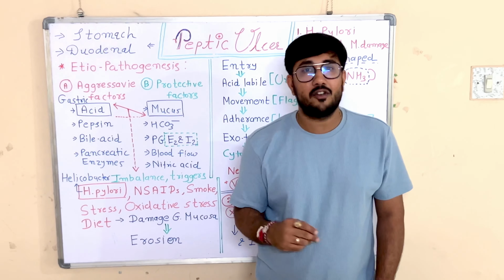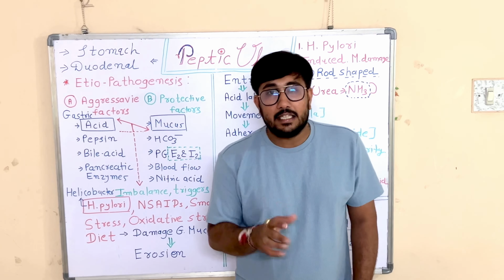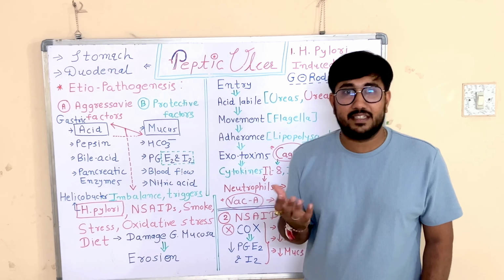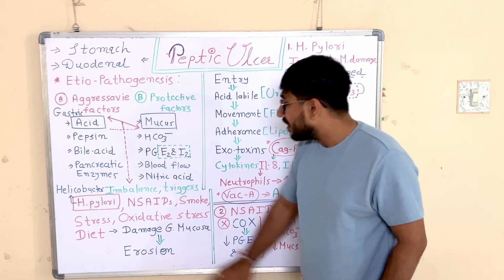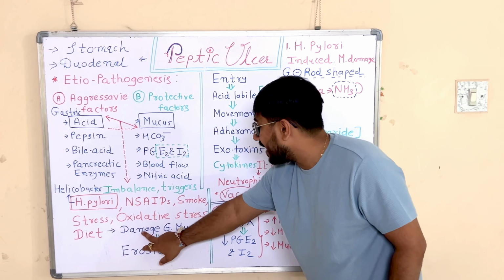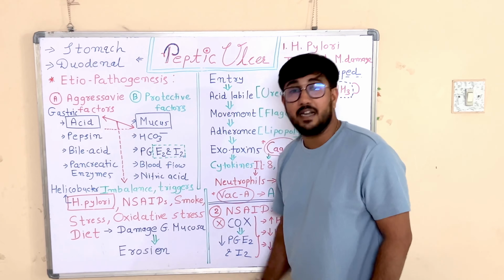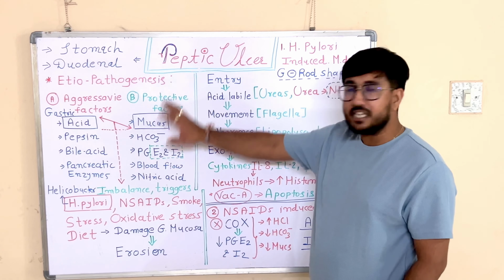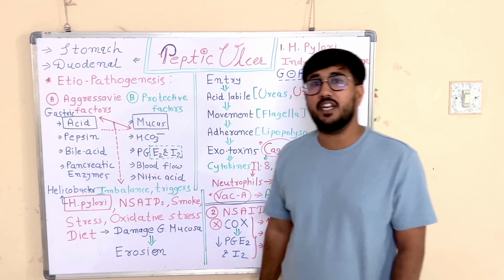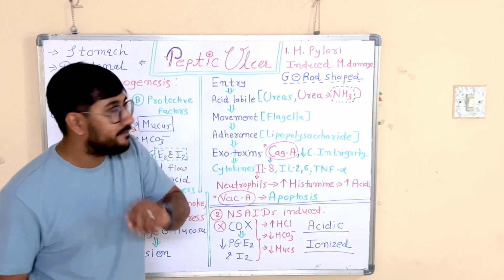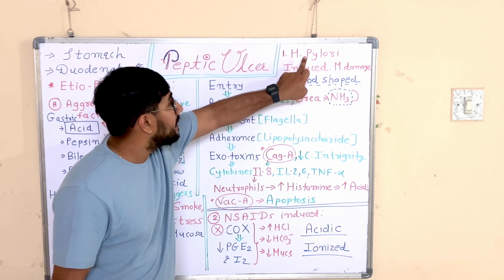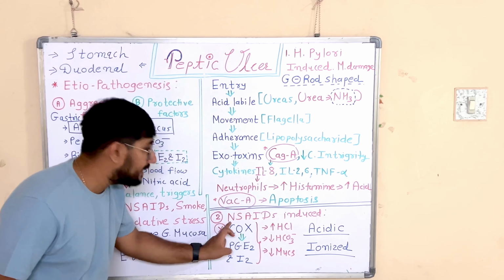Obviously spicy diet, coffee, cola, tea, these are some factors which aggravate the acidity and are responsible for the gastric erosion further. Okay, so these all factors are responsible for damaging the gastric mucosa, and ultimately the erosion takes place. With these fundamentals we will try to understand our etiopathogenesis in context of two particular main factors. Once again, those are H. pylori and another is NSAIDs.